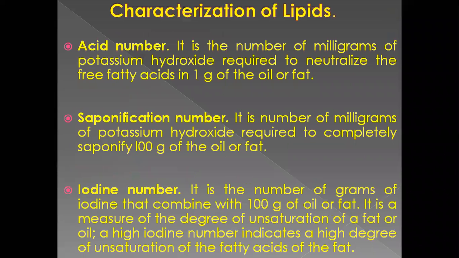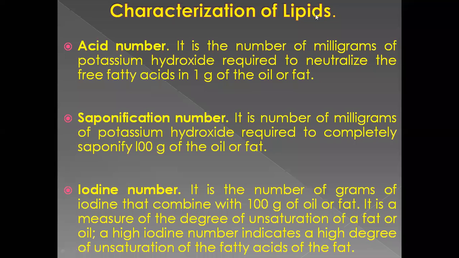Okay. Now, characterization of lipids. So these are the unique properties of lipids. Just as we consider unique properties of every liquid, such as density, then Rf value, these are characteristic properties of those compounds. Similarly, there are some characteristic properties of lipids.